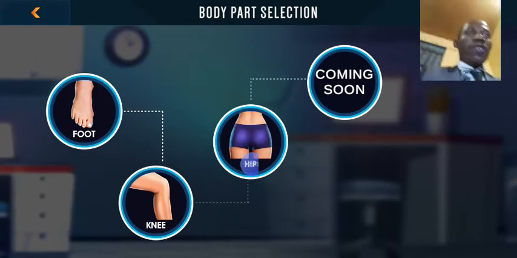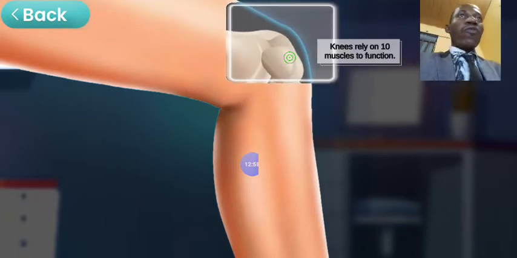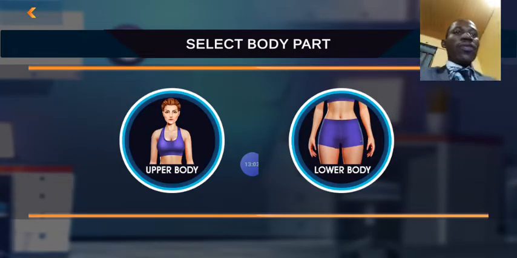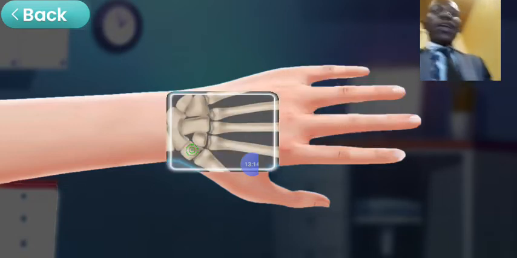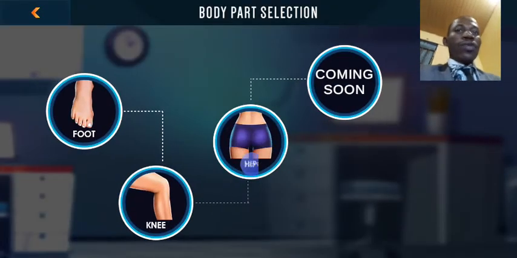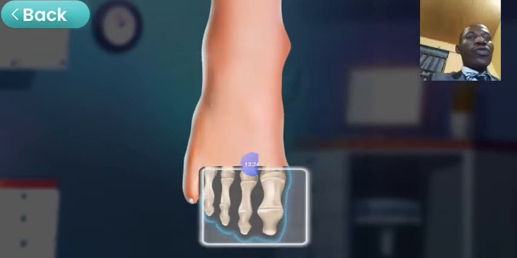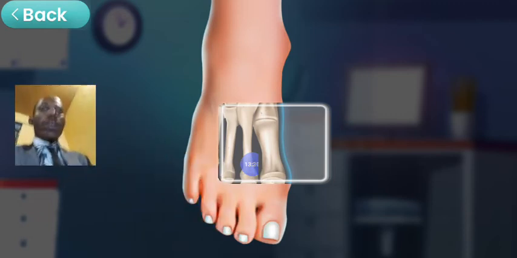It is found in the knee, in the fingers of human beings, and also in the toes. Their function is to allow movement in one direction.